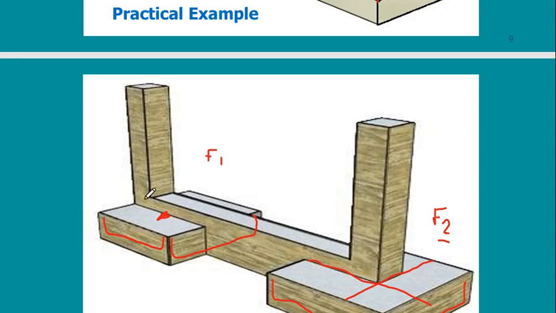Because this strap beam is preventing it, I don't have any cantilevers. Here I don't have a cantilever, and there I don't have a cantilever. In this case, I don't have moment in this direction. I only have moment in this transverse direction. So this is the first thing I need to calculate. So this concerns F1 and F2.